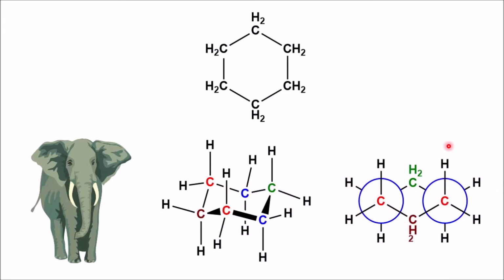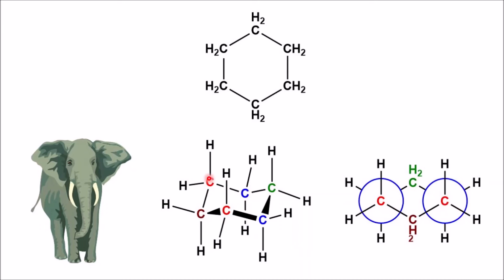So this is how you can convert the chair projection formula into the Newman projection formula for the chair conformer of cyclohexane. Let us see once more. This is the front carbon, which you can see here, the CH2, then the two red carbons which are at the back.